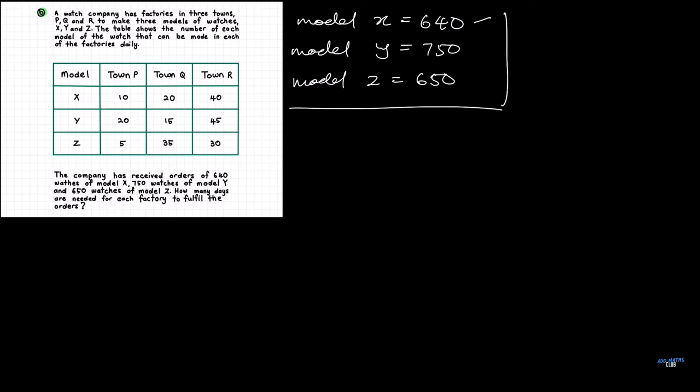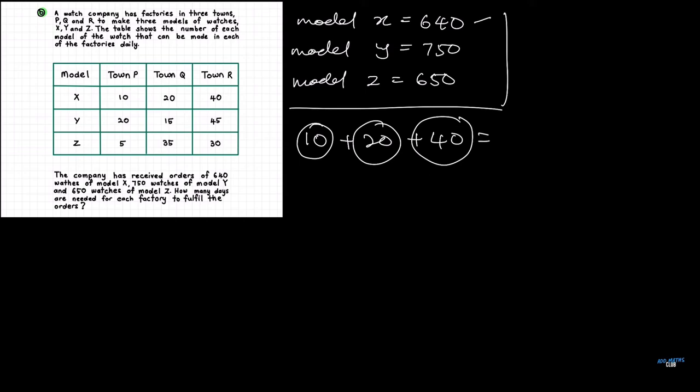See I'm going to explain to you. Let's say I were to put 10 campur 20 campur 40. Now what does this mean? Satu hari kilang di bandar P hasilkan 10, kilang di bandar Q pula hasilkan 20, right? Dan kilang di bandar R pula hasilkan 40.